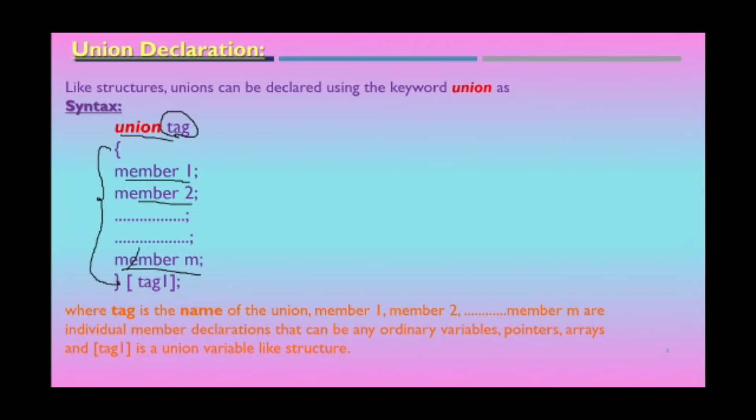Whatever the requirement of the union is, that many members can be declared here. And once the union is closed, after that you can see tag 1, tag 2, and so on. You can create these as the union variable members.